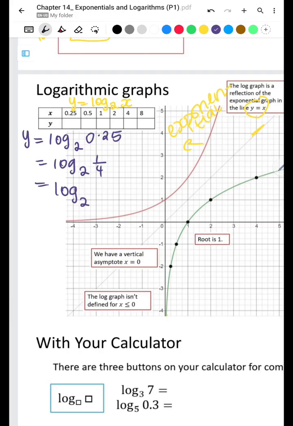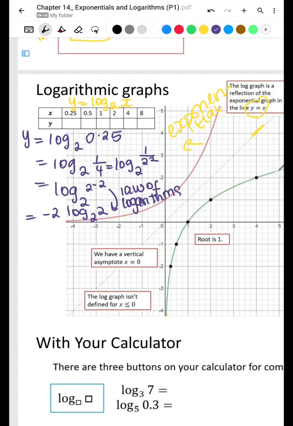Here I can manipulate this 1 over 4 to have a base of 2, so this is equal to log base 2 of 1 over 2 squared, which is 2 to the negative 2. So negative 2 log base 2 of 2. I used my law of logarithms. So this negative 2 multiplied by 1 is equal to negative 2.